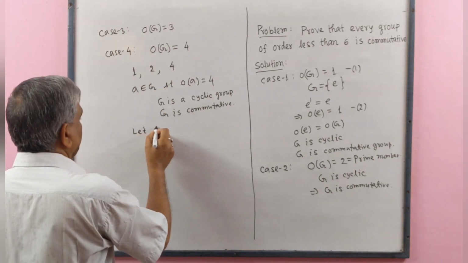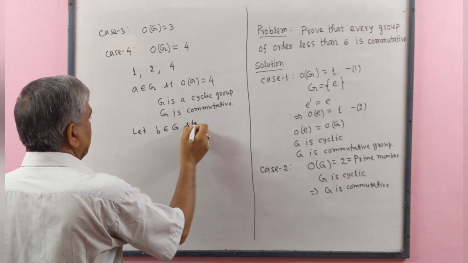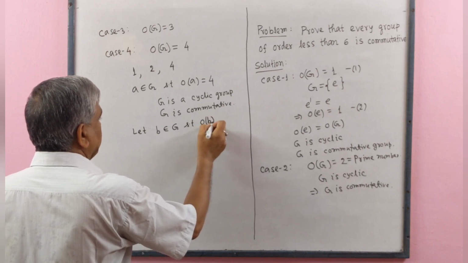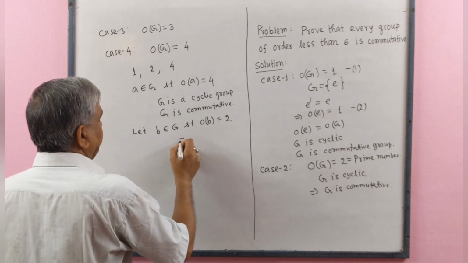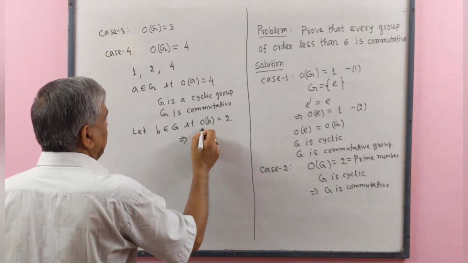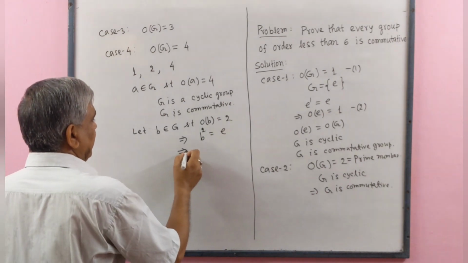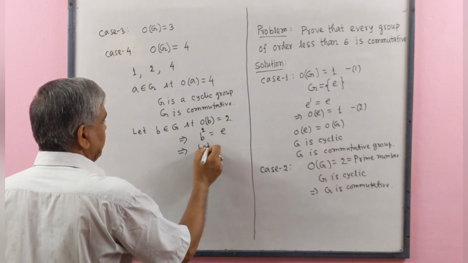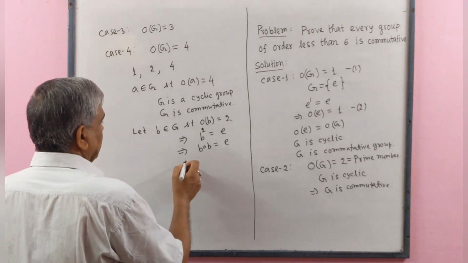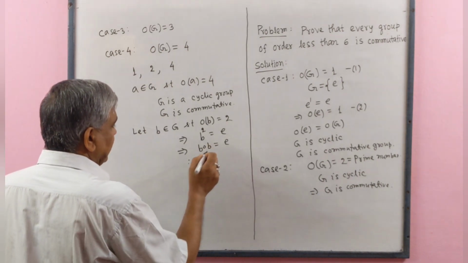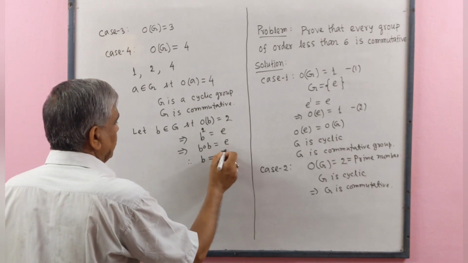Let b belongs to group G such that order of b equal to 2, implies that b square equal to identity element, implies that b operation b equal to identity element. Therefore, b is the inverse of b. b equal to b inverse.